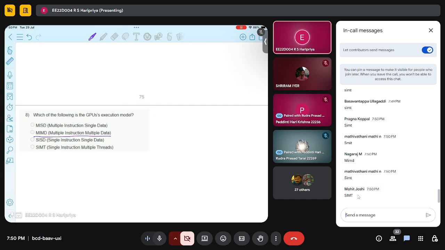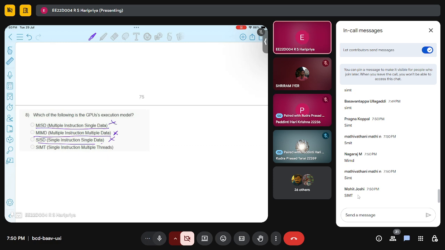So this is not for the GPU. Next, SISD is one instruction, one data, so sequential computing, say a sequential CPU. And SIMD is like we have multiple instructions on the same data. So say I am performing 5 plus 5, again 5 plus 5. That means maybe for fault tolerance, not in GPU.